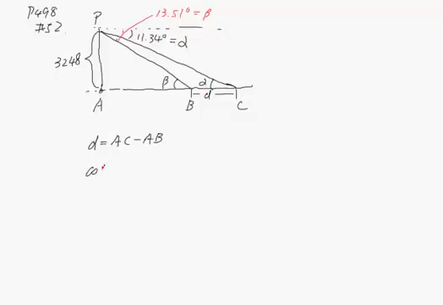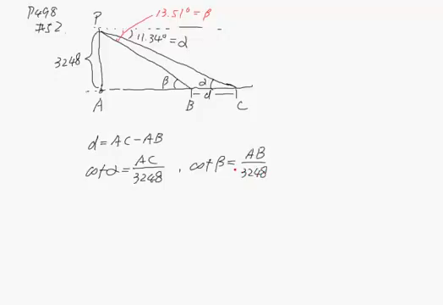You have cotangent alpha, which is equal to AC, this is the adjacent, over the opposite 3248, right? And similarly, you can use cotangent beta, which is equal to AB over this 3248.